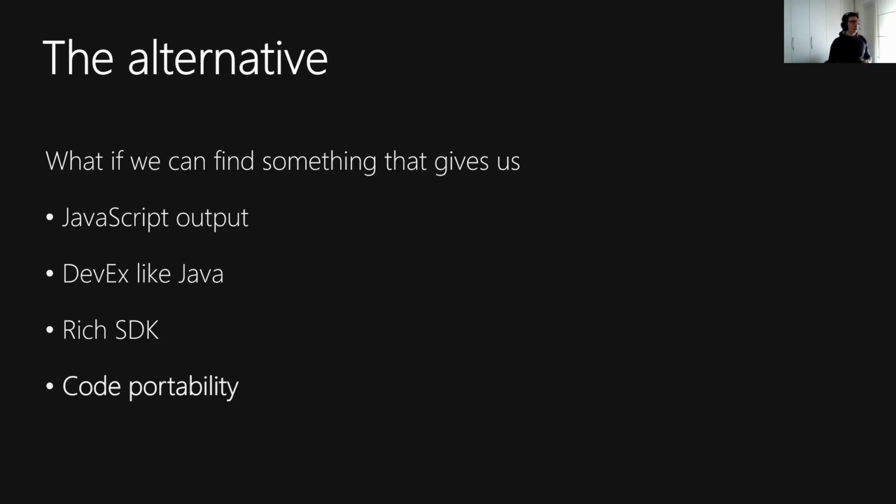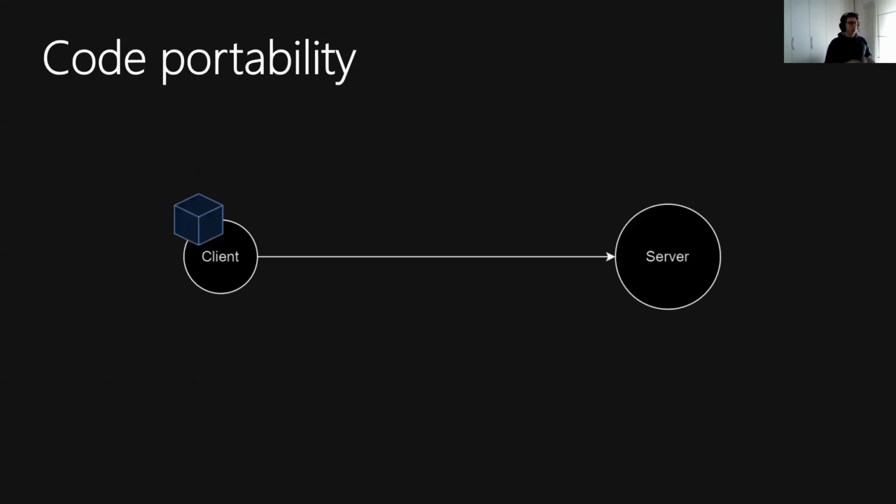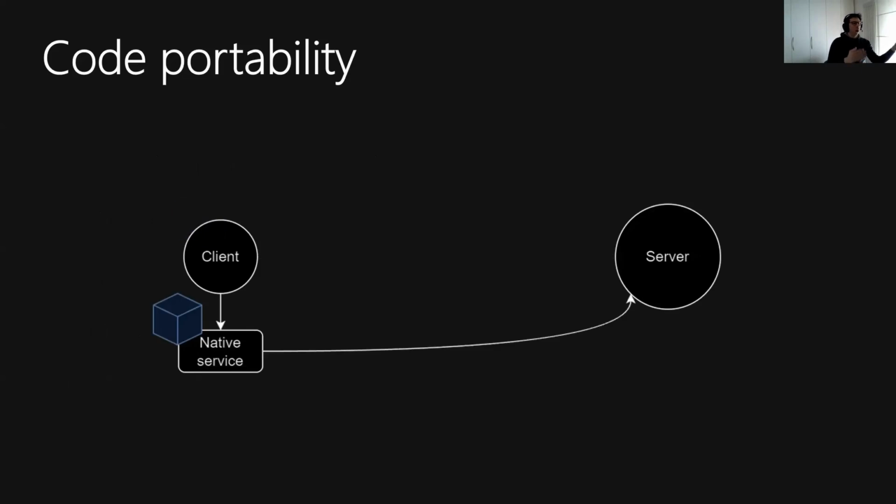So we can visualize what I mean with code portability with the following slides. Now, this is a typical two-tier architecture where the client talks directly to a server. And consider that blue cube as our piece of software. We may want to deploy it to a client. We may want to deploy it as a service that supports that client.